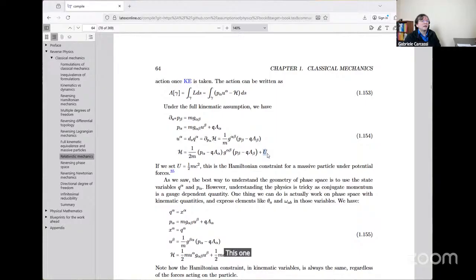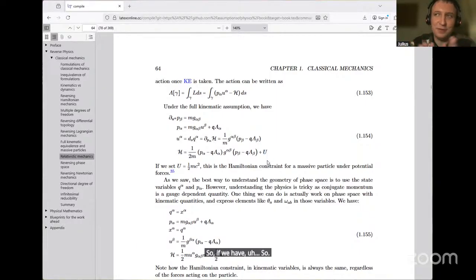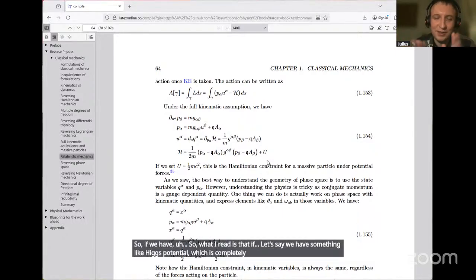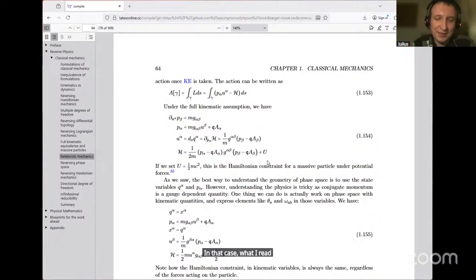What I read is that let's say we have something like a Higgs potential, which is a completely scalar field. It's just for illustration. In that case, the scalar potential, so U, would not affect the symplectic form.